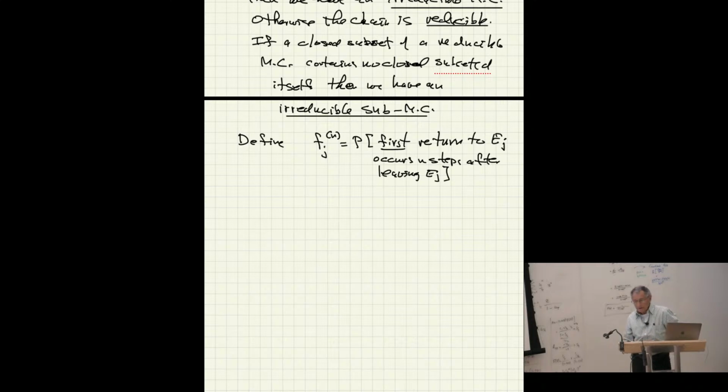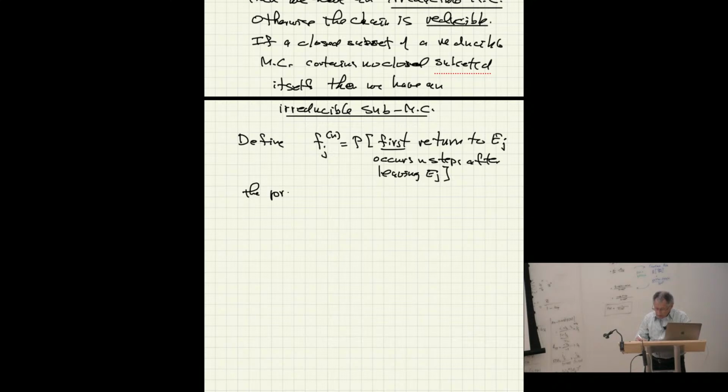So you're in a particular state, you leave it, you hop around. Sometime in the future, when you come back to that state, you hit the first return to that state. Now, if you hit it again, that's no longer a first return. You hit the first return already. Okay?